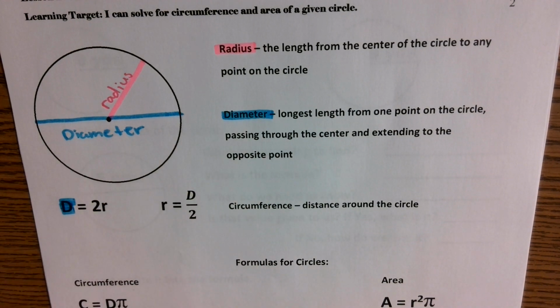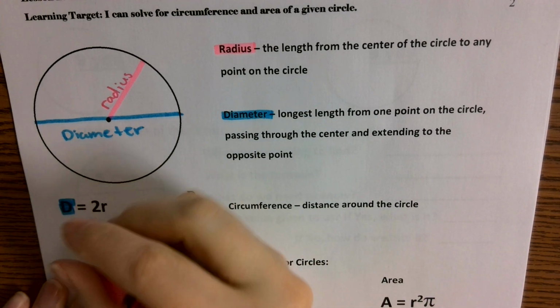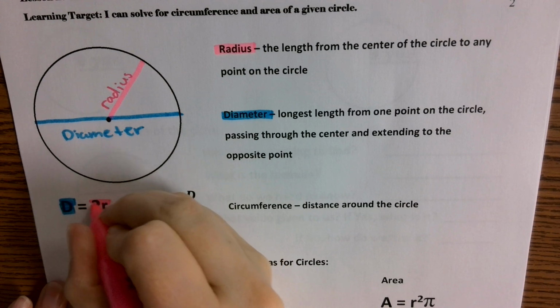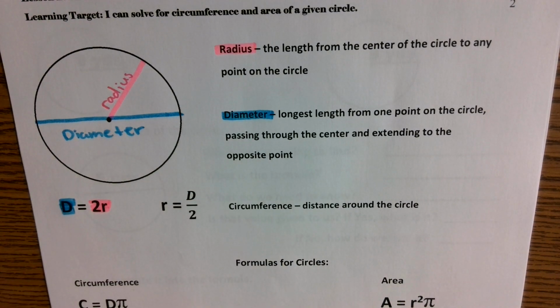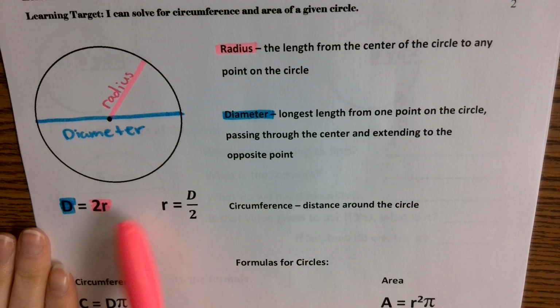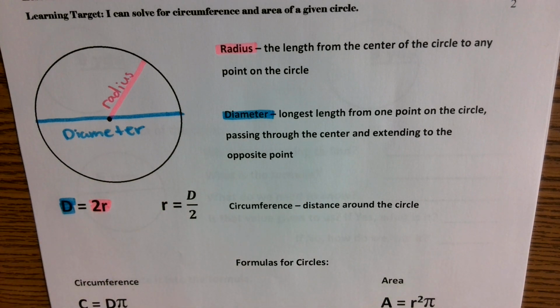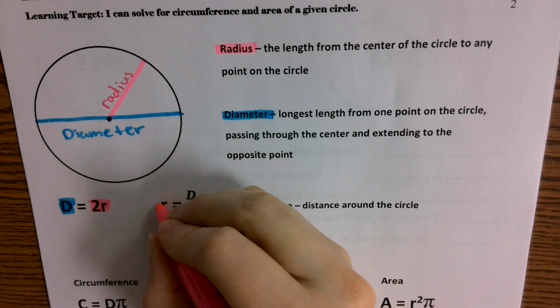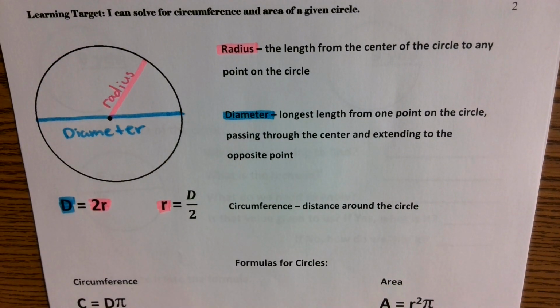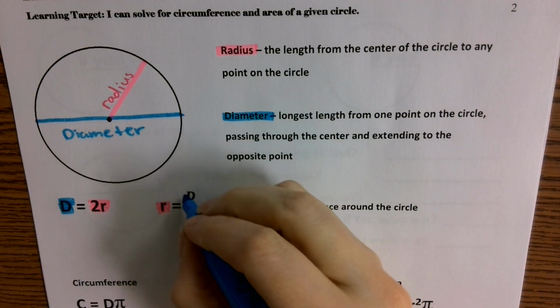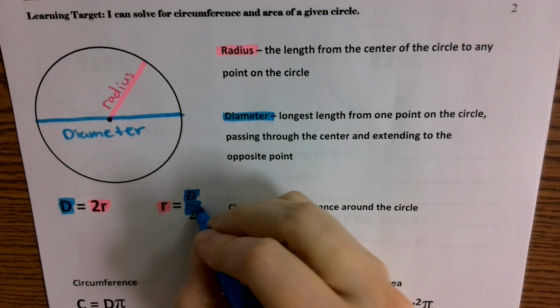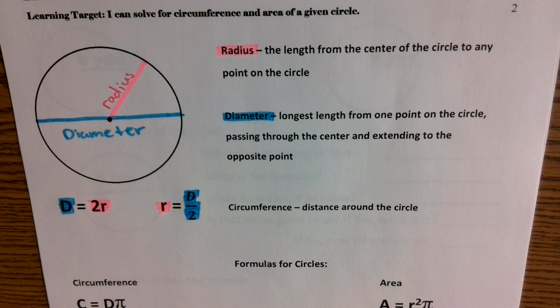Sorry, if you know what your radius is, you can take that, multiply it by 2, that will give you the measurement for the diameter. 2 radii are equivalent to 1 diameter. And then the reverse. If you know the diameter but you need to find the radius, you would just take your diameter and cut it in half. Half of your diameter is equivalent to 1 radius.